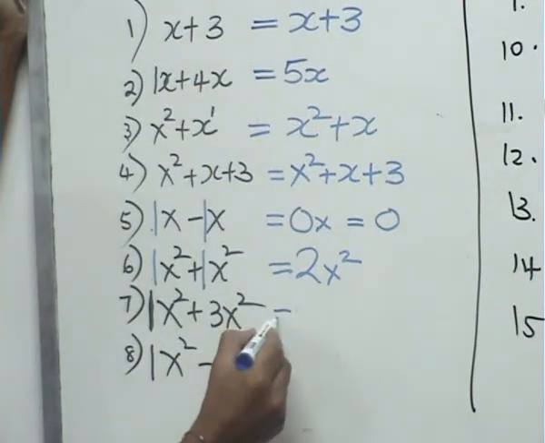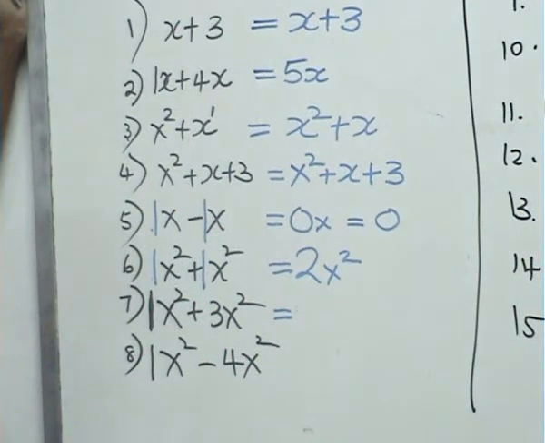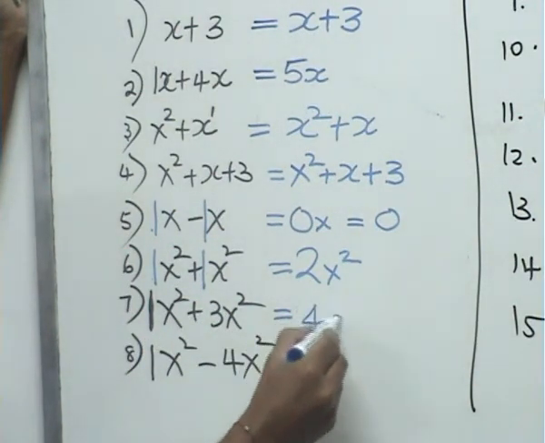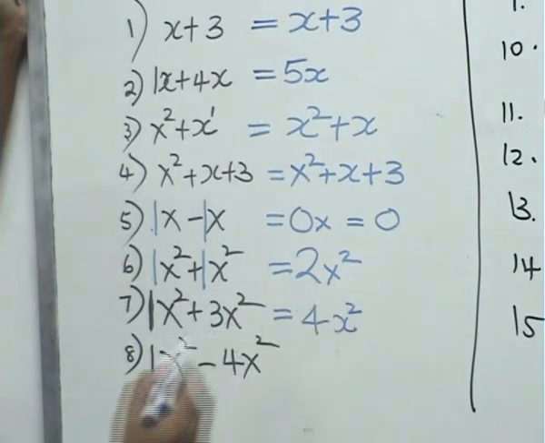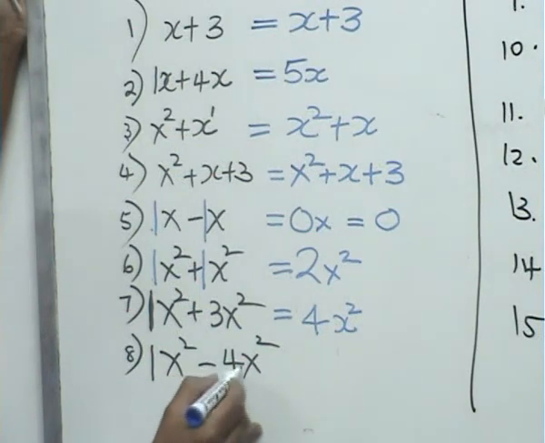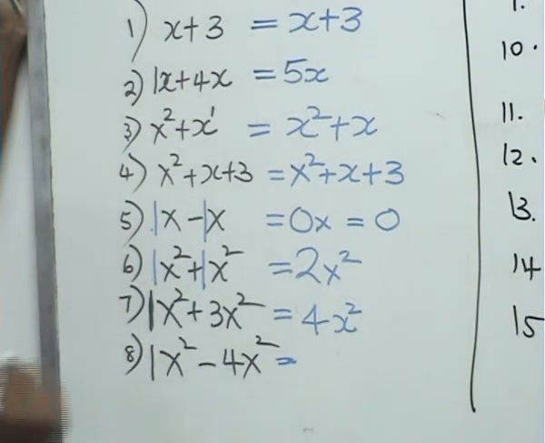If we take the next example, number 7, x squared, these are like terms. 1 plus 3 is 4, and you write down x squared once. Number 8, x squared minus 4x squared, like terms. Now watch, 1 minus 4.